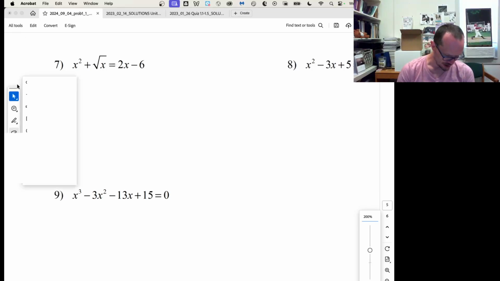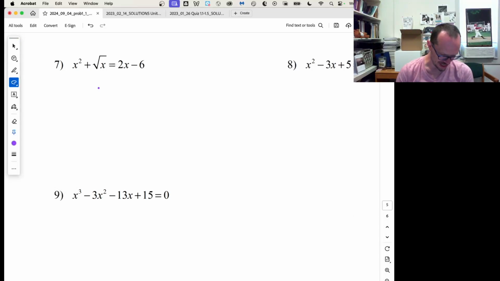So here we go. I'm going to enter in, I think on my calculator it's actually y3 I'm going to use for the x squared plus root x, and y2 for the 2x minus 6.